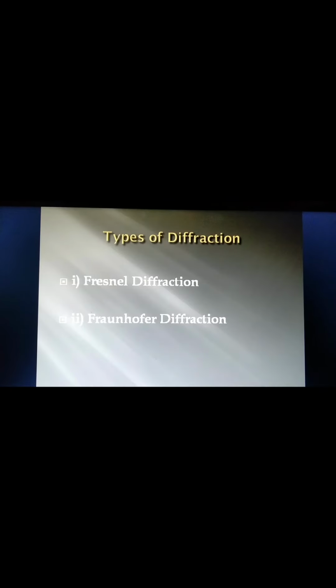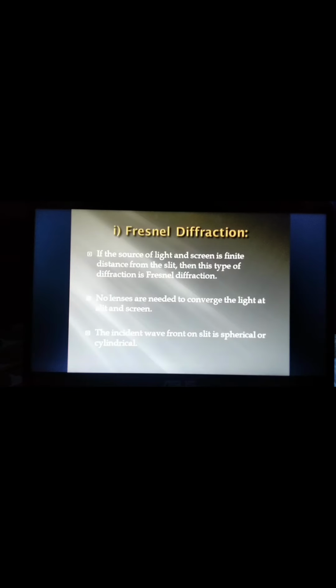So there are two types of diffraction. One is Fresnel diffraction and the second is Fraunhofer diffraction. Basically those are two scientists, Augustin Fresnel and Joseph Fraunhofer. In these two types of diffraction, they have shown the diffraction pattern in different ways. In Fresnel diffraction, basically the distance between the screen and the slit is finite. This type of diffraction is called Fresnel diffraction.